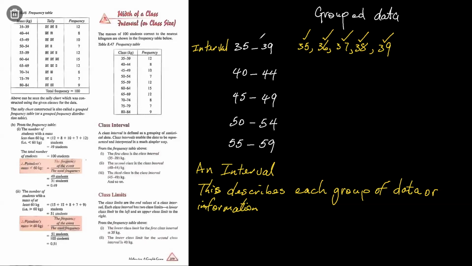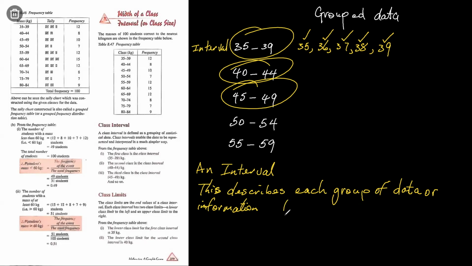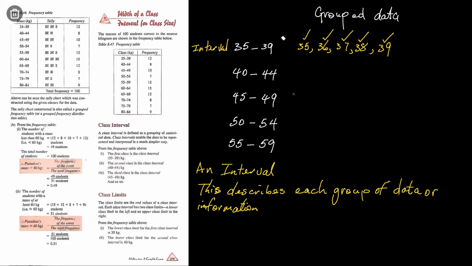This is your first group, it's called an interval. Second group, interval, and so on. So an interval is your group of data or information. Anybody lost? I don't think you're lost with that. So that's the first word that we learned, interval.